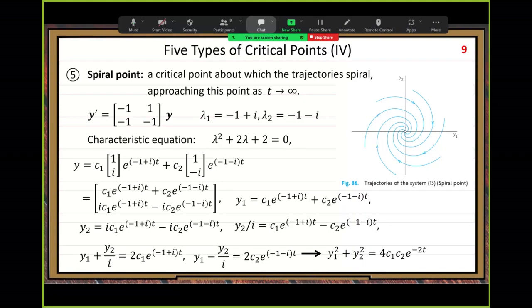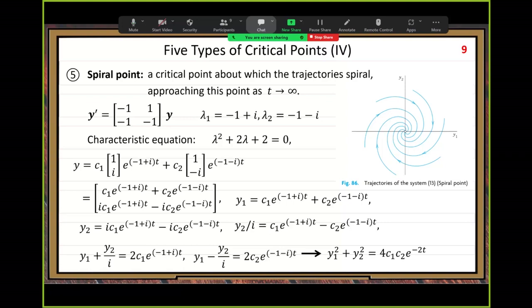When t is negative infinity, the radius is positive infinity, so you start from very far from the origin.